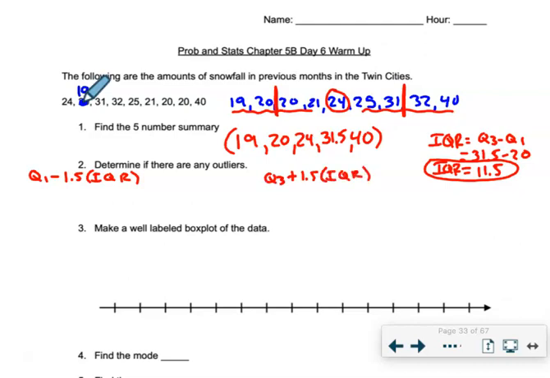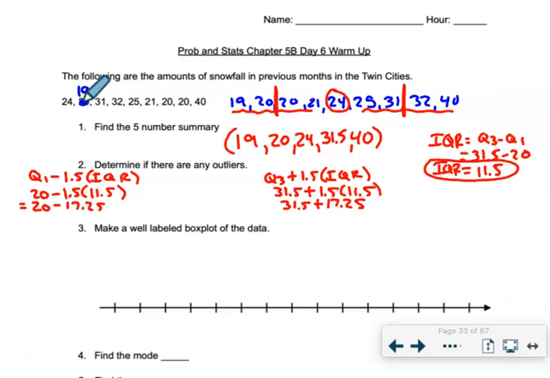So Q1 we said was 20. So this is 20 minus 1.5 times 11.5. Over here we're going to do 31.5 plus 1.5 times 11.5. When you do 1.5 times 11.5, you end up getting 17.25. So this is 20 minus 17.25, and this one is 31.5 plus 17.25.